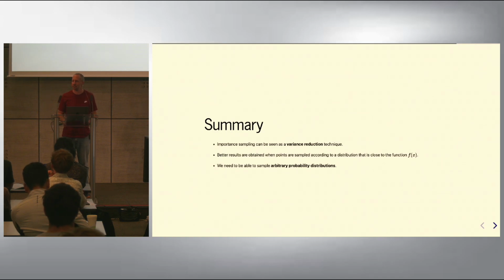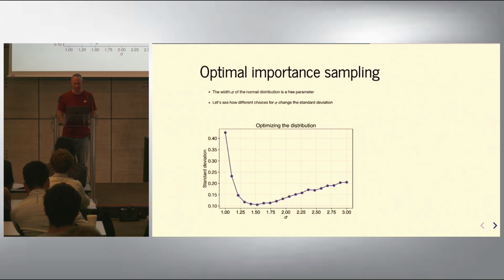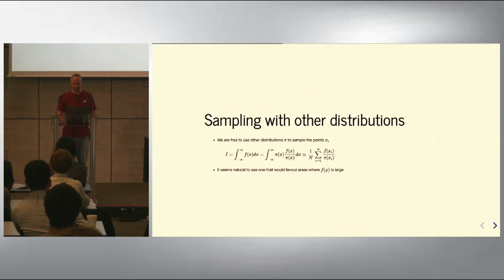The function itself. There's one issue with this though. Can you guess what it is? Exactly. If I just try to get as a probability distribution the function itself, I would have to normalize the probability distribution, which is normalized by the integral of the function, which is exactly what I'm looking for. Okay?